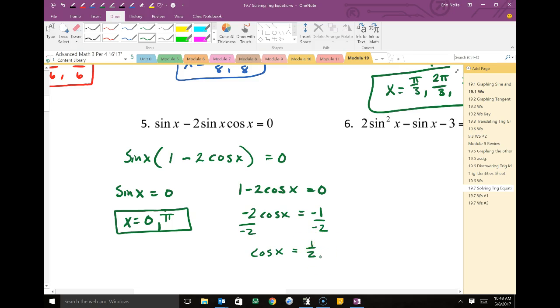Okay, now what do we do? Use your unit circle. And since we're working with cosine, what variable are we looking at? The x. So where on your unit circle is the x value a positive 1/2? Pi over 3 and 5 pi over 3.